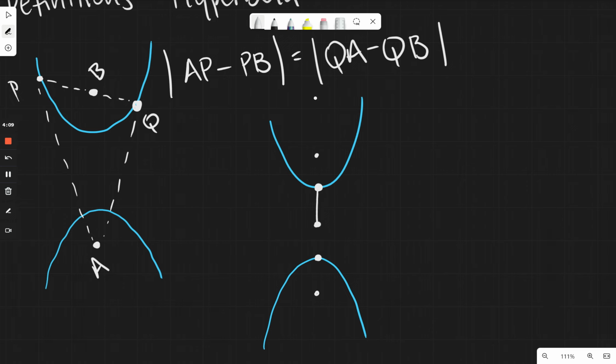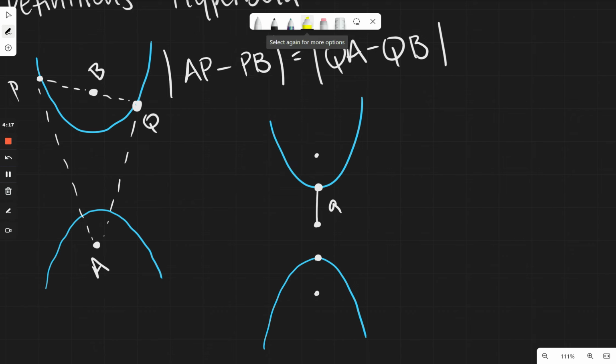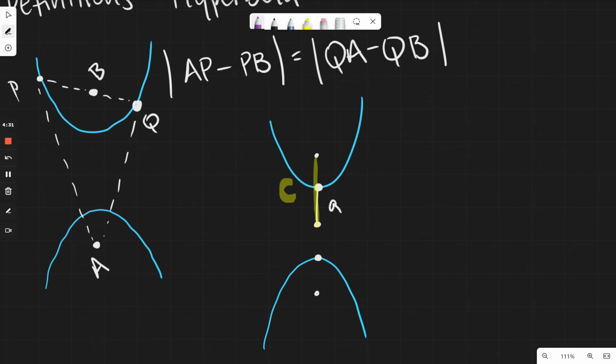So this length right here is going to be A. And then this length, maybe I should do it in highlighter. Yeah, this length in highlighter, that is going to be C. That doesn't look great, but whatever. That's C. And then there's another value because there are also two other points right here, and these are called the co-vertices.